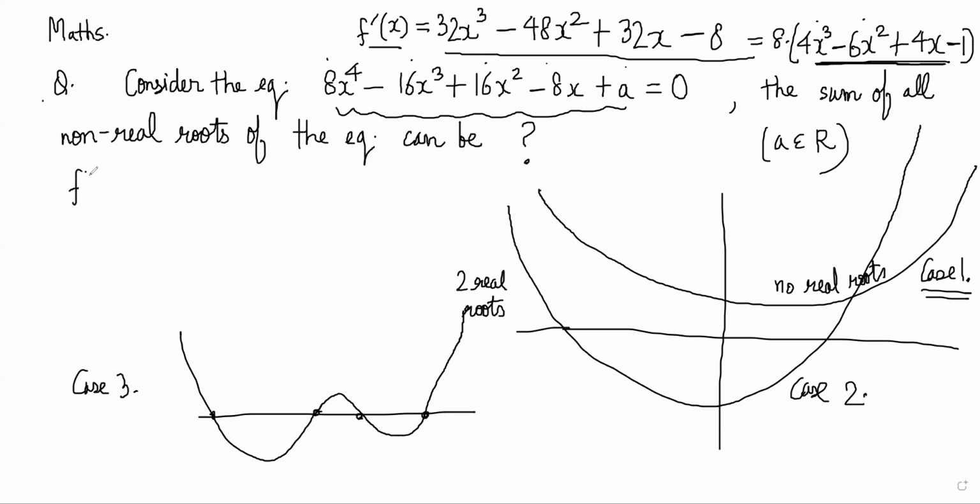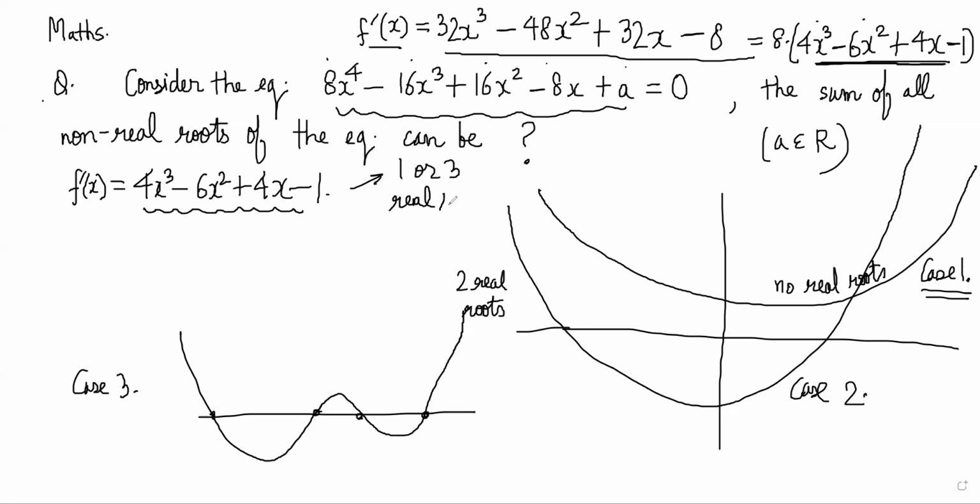So should we differentiate it again and check it with respect to the quadratic? f dash x can have one or three real roots.